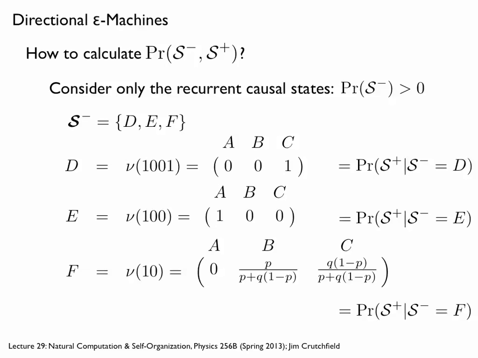Okay, so again, recurrent causal states, just look at causal states that have asymptotic probability positive. If you remember, the forward random noisy copy process had states A, B, C, 3 of them. In this epsilon machine presentation, we calculated that we had 3 reverse causal states, and then last lecture we were talking about how to calculate these mixed states from those. But these mixed states were distributions over the original presentation states.